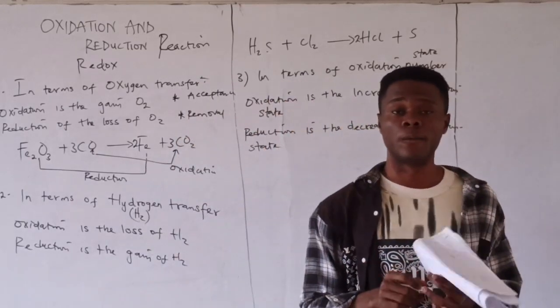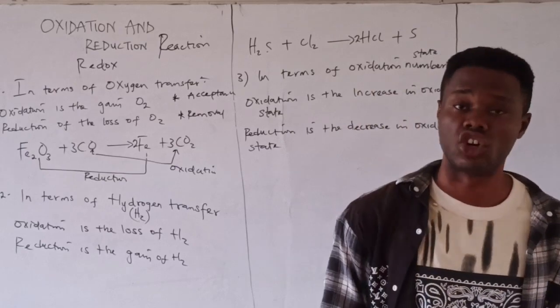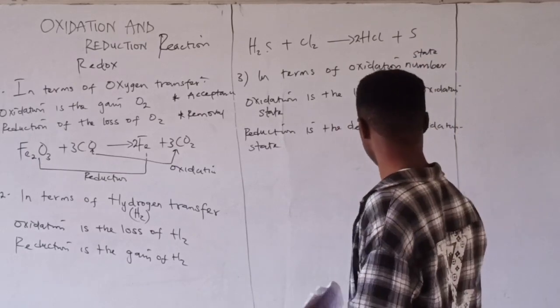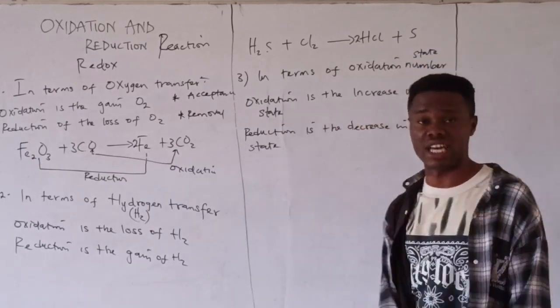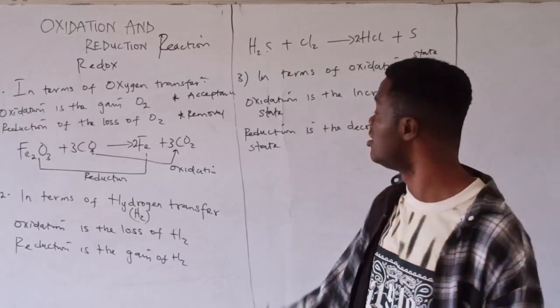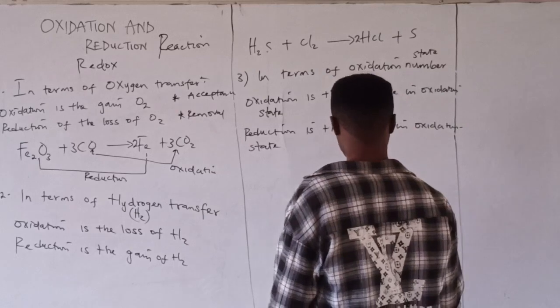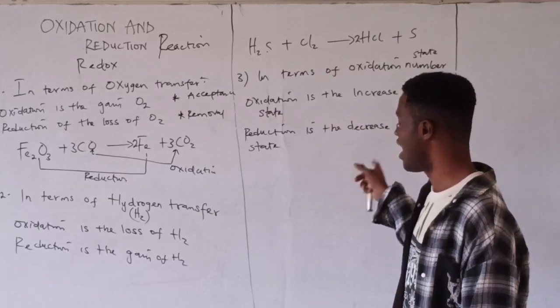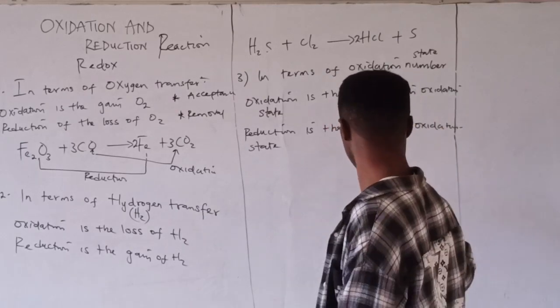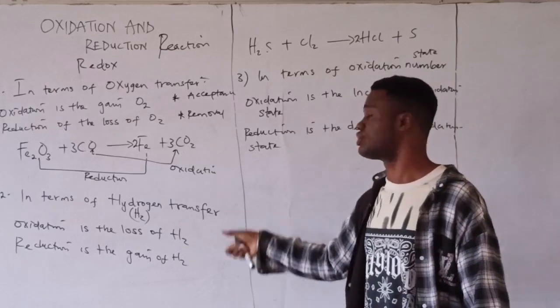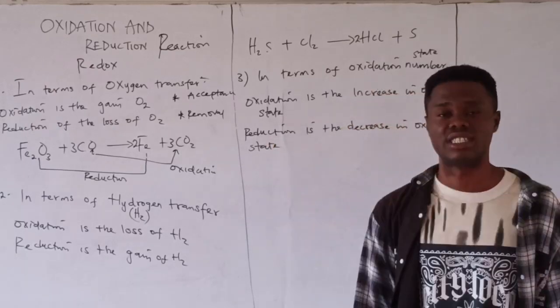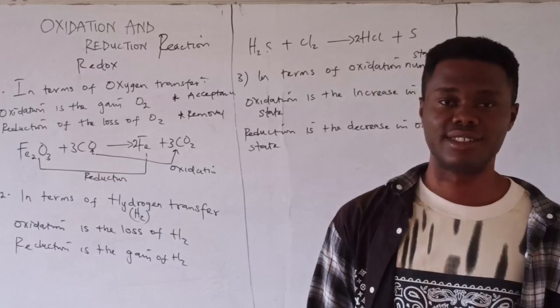Alright, so whenever there's an increase in oxidation state, what we have there is oxidation. And when there's a decrease or a reduction in oxidation states, what we have there is reduction.